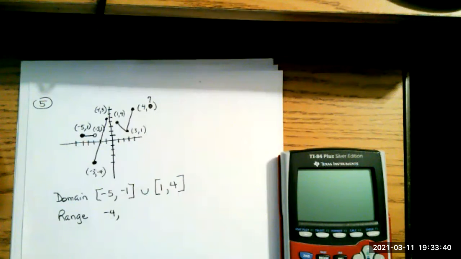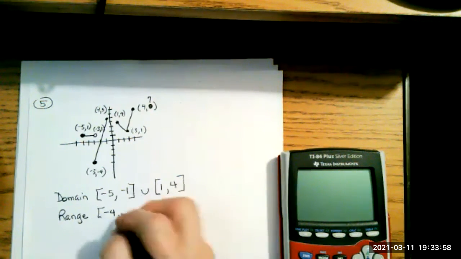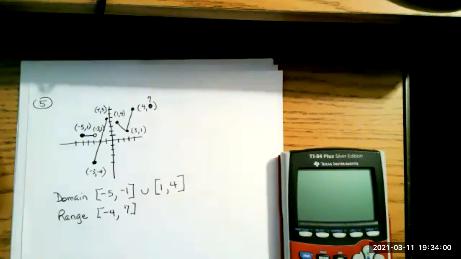And it would be a bracket. Okay. And then 7. And it would be a bracket. That's it.